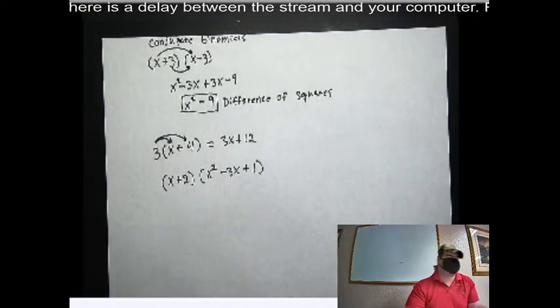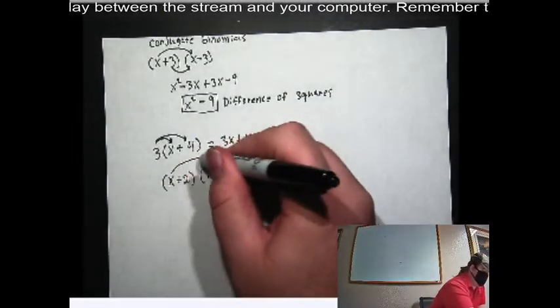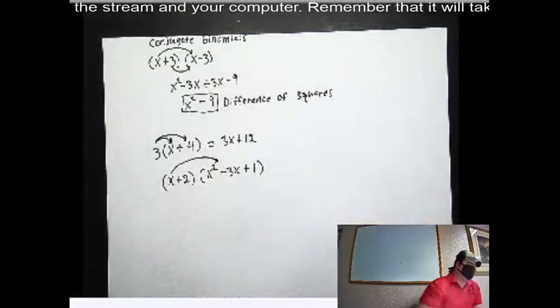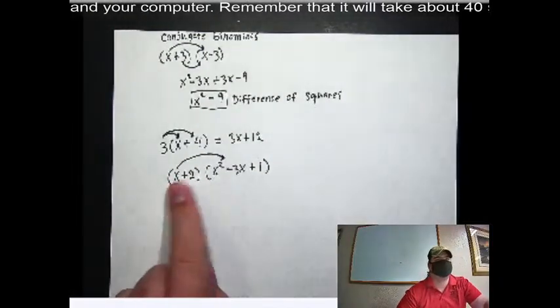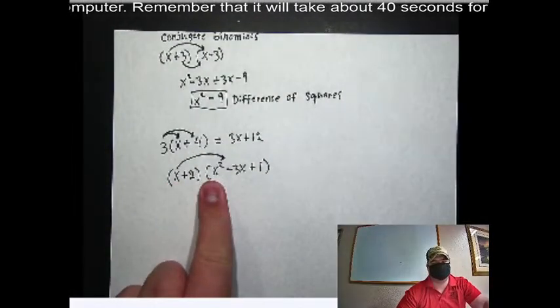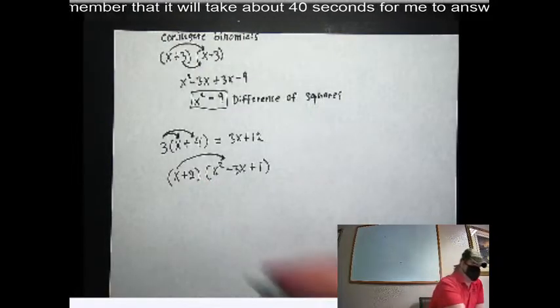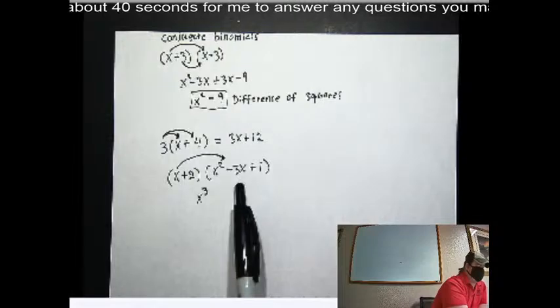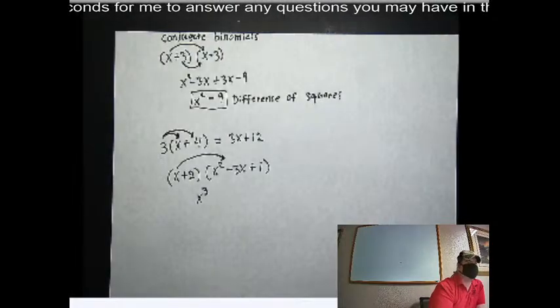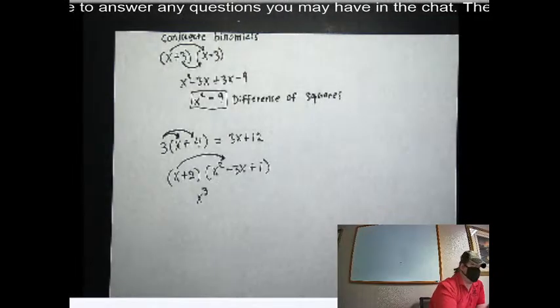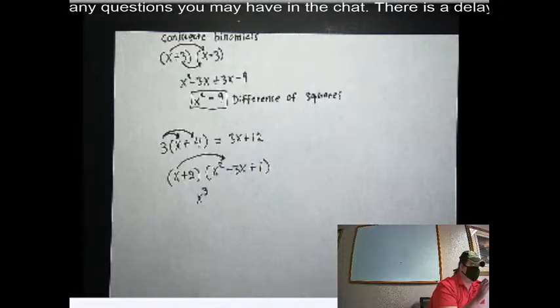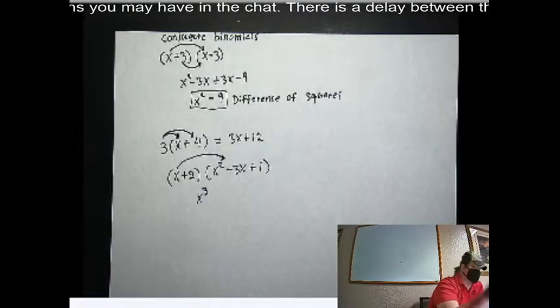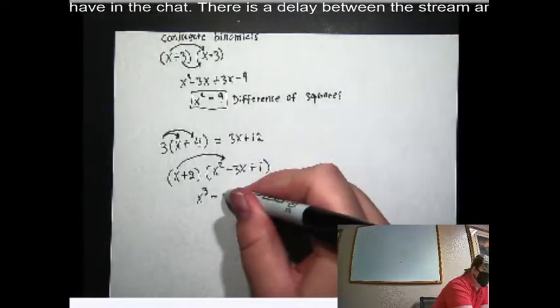First, we distribute that x. So, x times x squared, what do we get? X cubed. X times negative 3x. Negative 3x squared. Good.